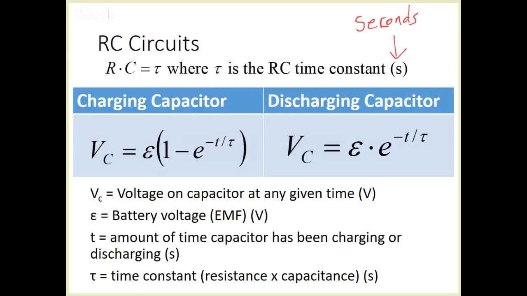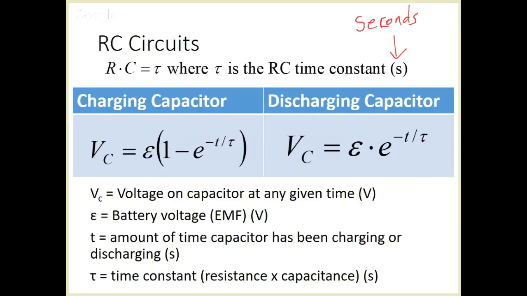Then you'll have different equations for whether you are charging or discharging the capacitor. The voltage on the capacitor at any given time is VC. When you are charging it, VC starts at 0 and then builds up over time to be the same as the EMF, that epsilon value, or the battery's voltage.